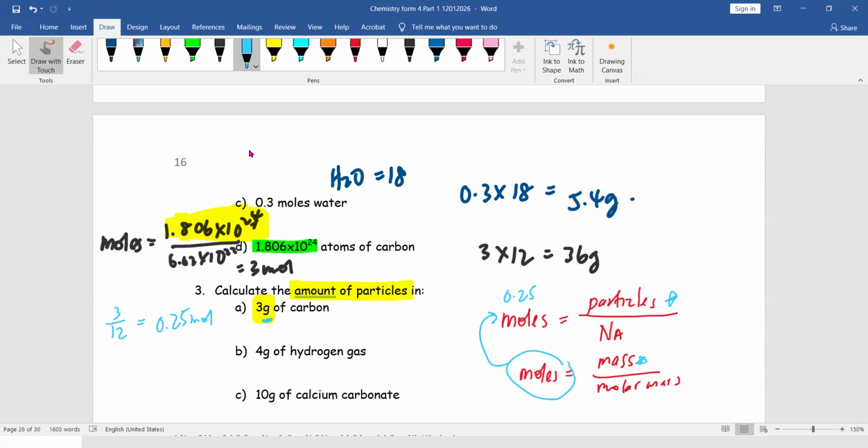So particles equals 0.25 multiply Avogadro's constant, which gives me 1.505 times 10 power 23. Correct? Okay. Do you understand now? Simple, right?